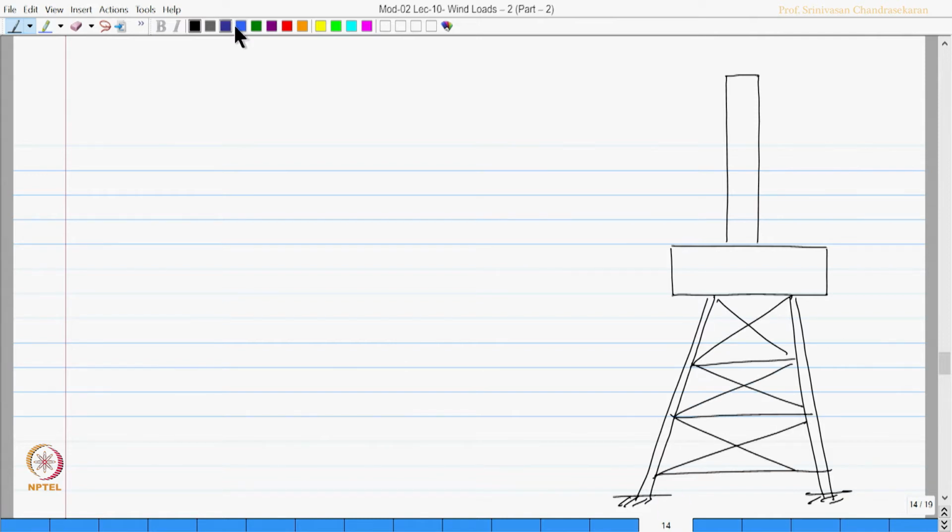Let us say this is my mean sea level. This is my wind direction.